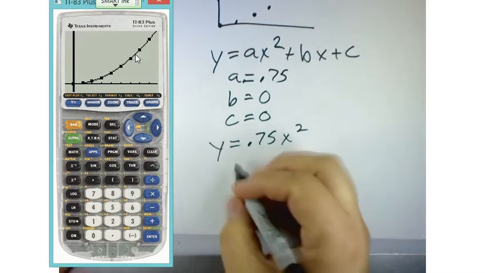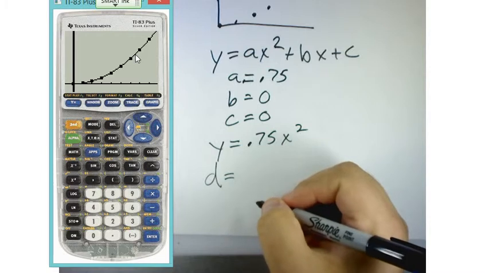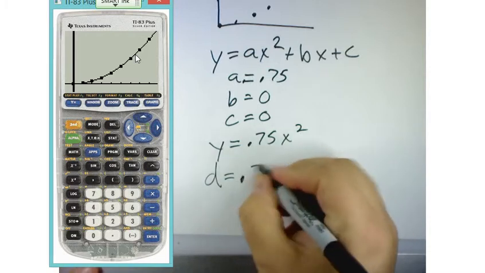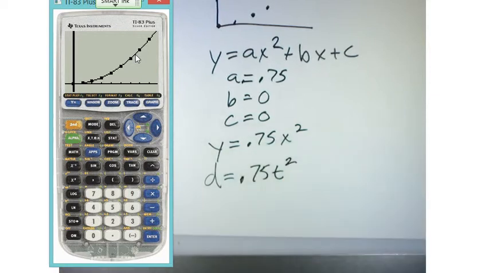But what it is, is that the distance depends on the time. The more time that passes, the further the distance is. So what we're really saying is that we can calculate how far something will roll down an inclined plane by using this equation, if we know what the time is.